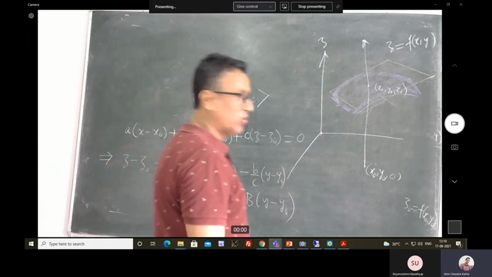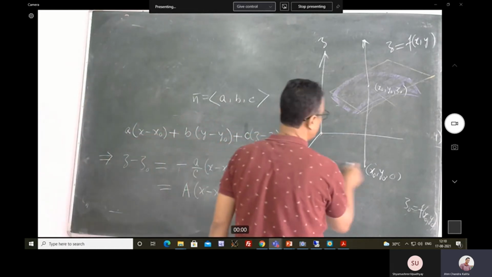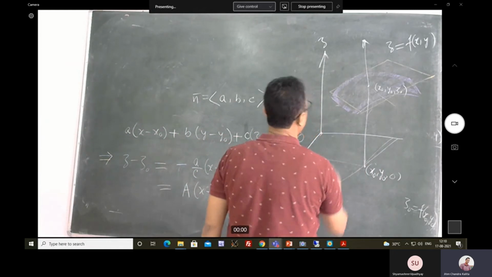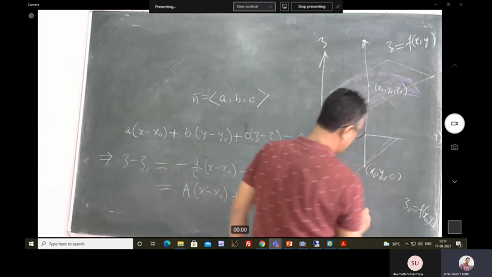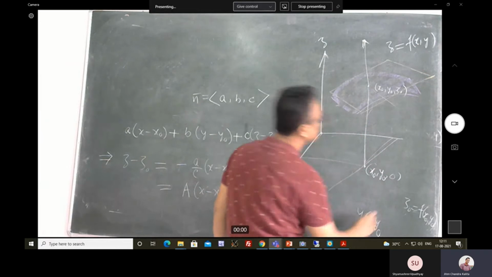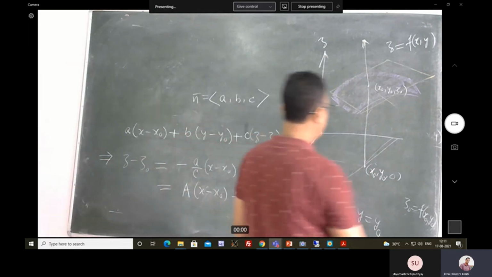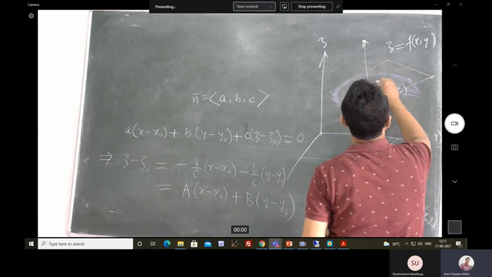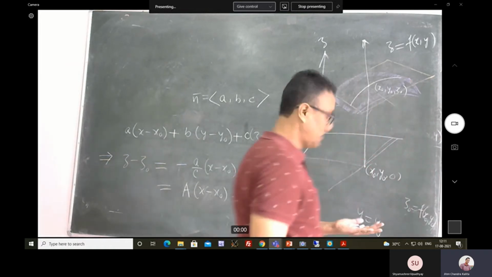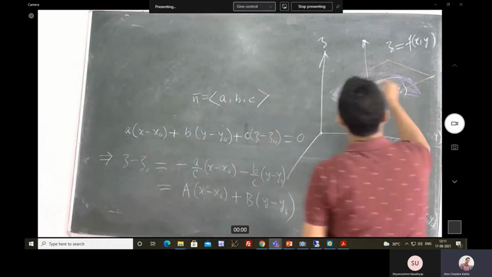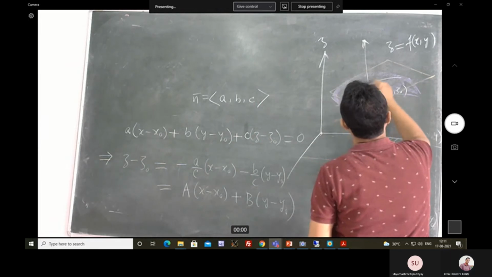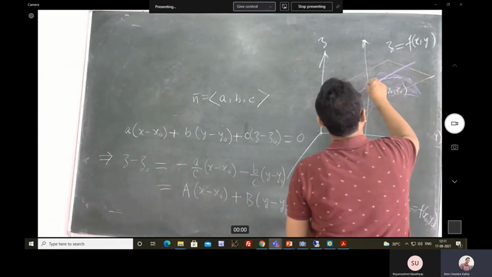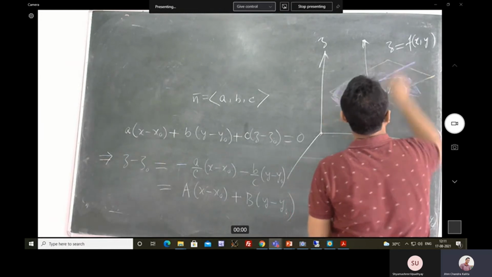So as before, if I consider the plane y equal to y naught, then this is going to cut a curve out of this surface, and at that point I can have a tangent line.